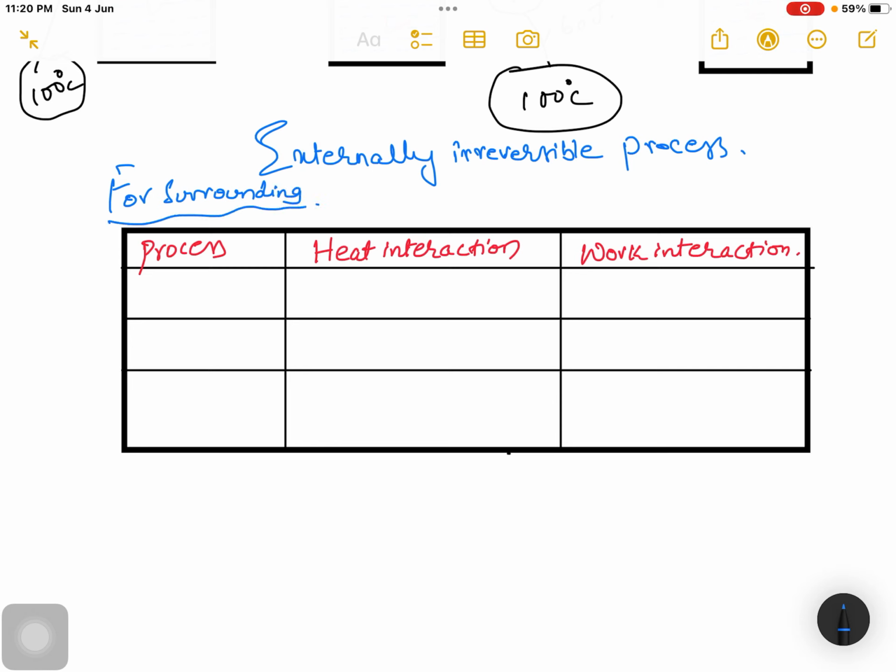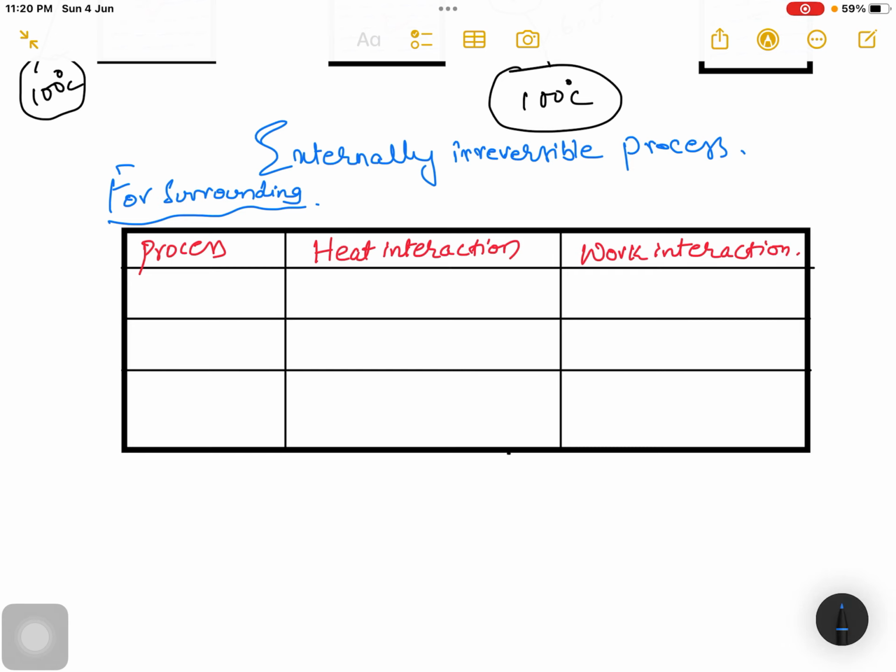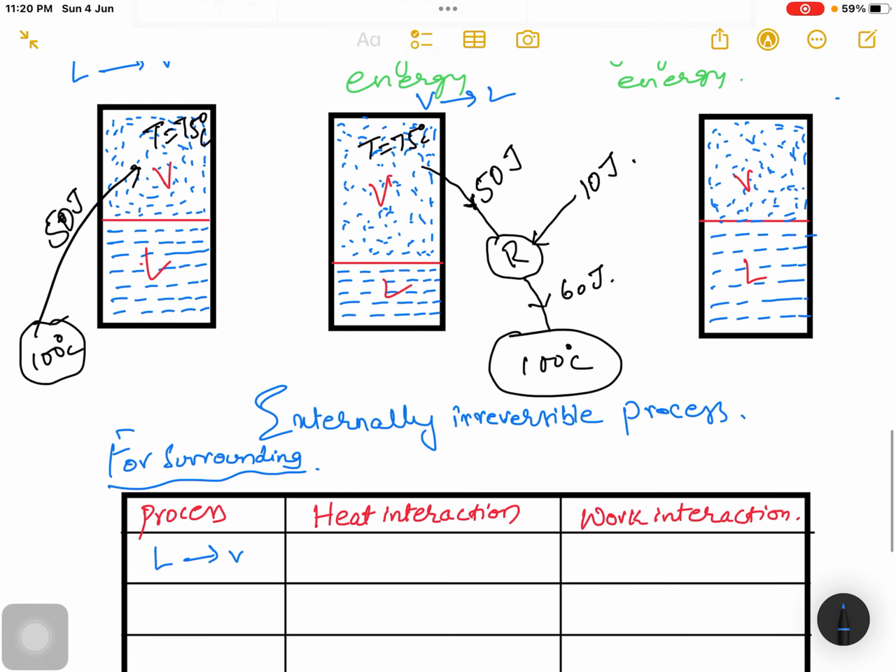For liquid to vapor, what is happening? There is a loss of 50 joules of heat energy and there is no work interaction. From vapor to liquid, the surrounding is gaining 60 joules of heat interaction and losing 10 joules of work interaction.